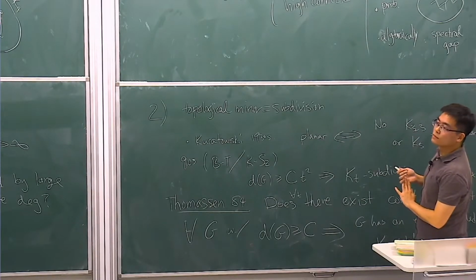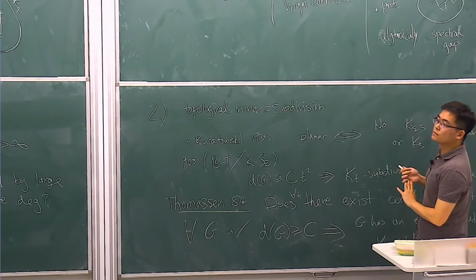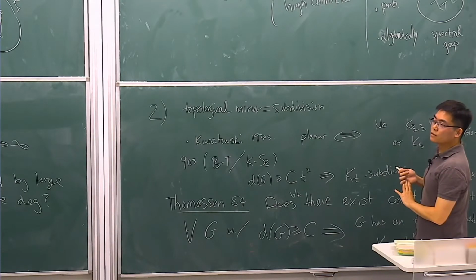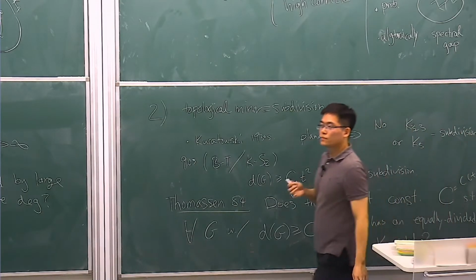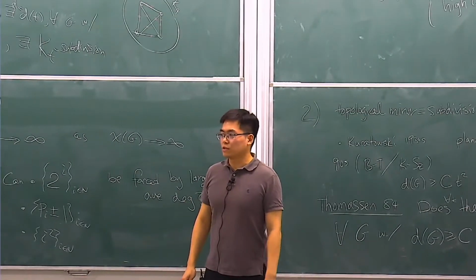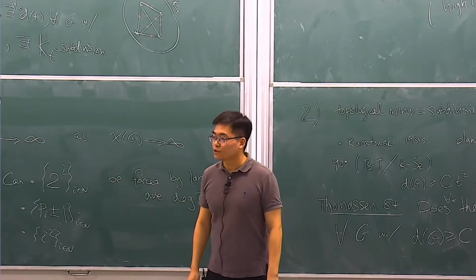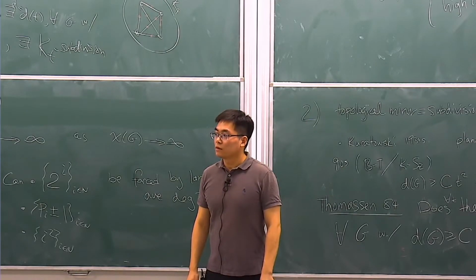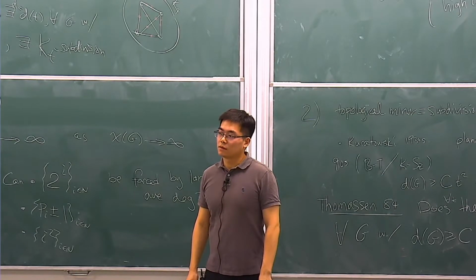It's a graph which is sparse and highly connected. But the complete graph is an expander, surely. Yeah, but it's not sparse. We would like it to be sparse.